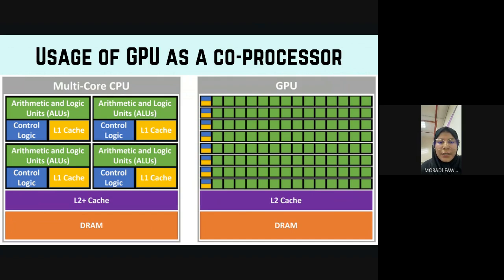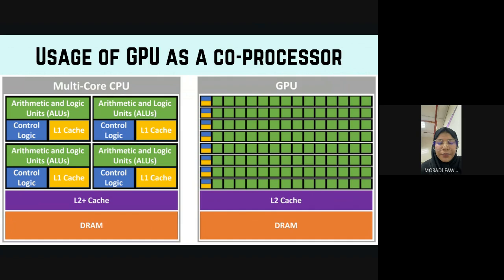As you can see here, a multi-core CPU contains a few powerful cores with arithmetic and logic units, control logic and L1 cache, shares L2 plus cache across cores, and is also connected to DRAM, which is main memory.